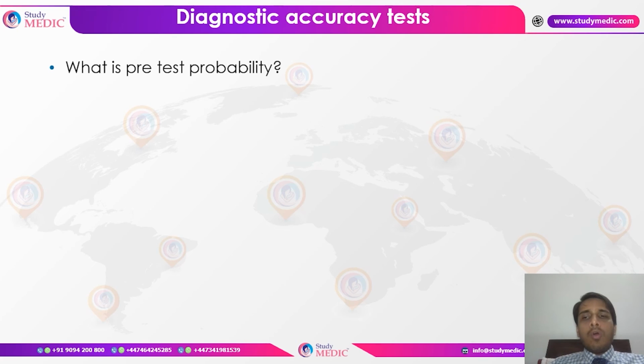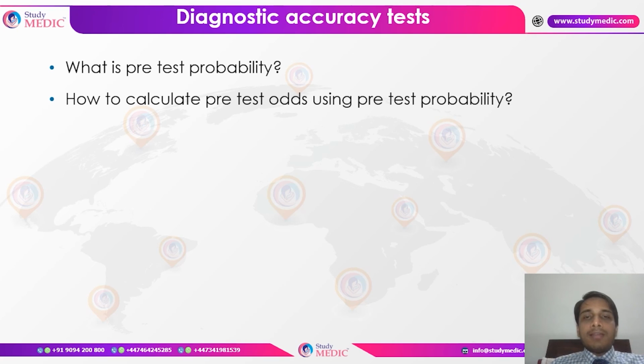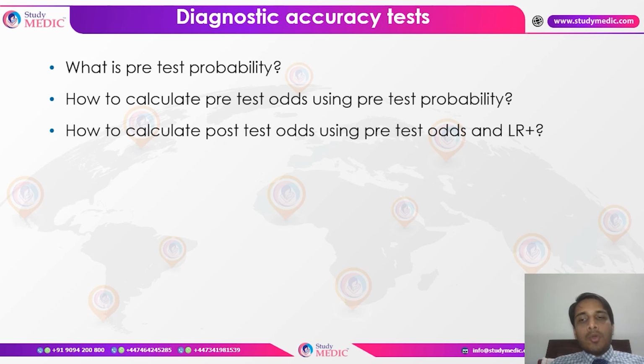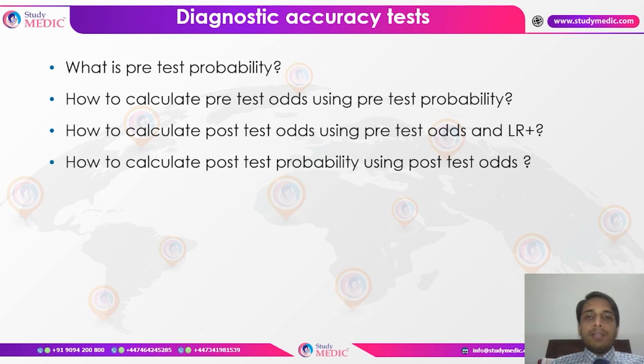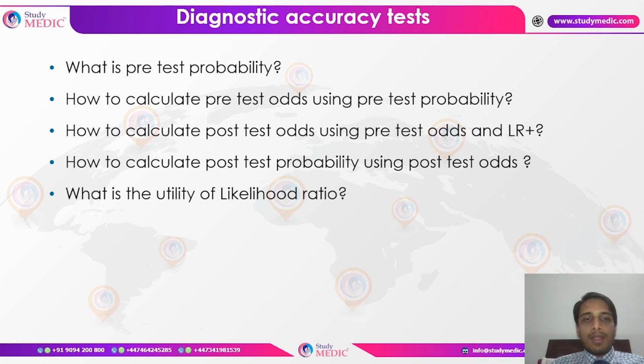So to know more about what is pretest probability, how to calculate the pretest odds using pretest probability, how to calculate odds using probability, how to calculate post-test odds using pretest odds and likelihood ratio positive, how to calculate post-test probability using post-test odds, and what is the utility of likelihood ratio.